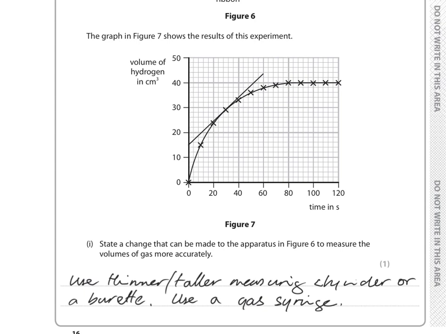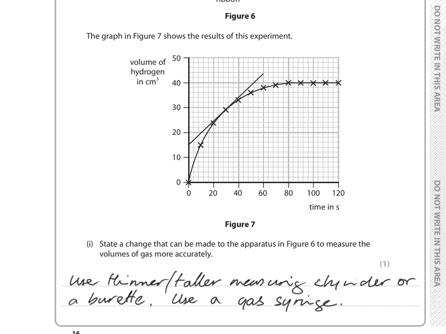Now, over the page, part 3, I'm just going to draw this on here now. It says, draw the graph that you would get if the magnesium ribbon was replaced with the same mass of magnesium powder. Now, if you use powder as opposed to ribbon, the particle size is going to be smaller and the reaction rate is going to be quicker. Now, the key thing is the rate might be quicker, but the amount of hydrogen that you produce is the same because you've got the same mass.